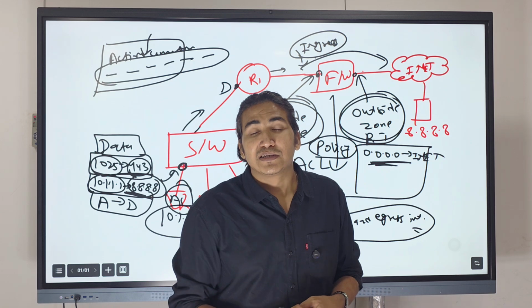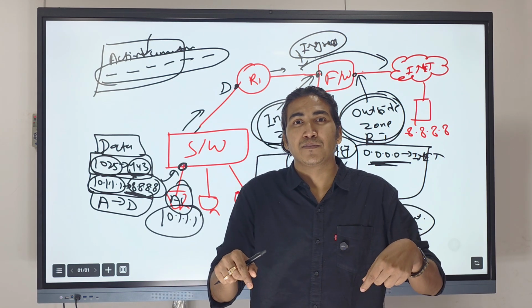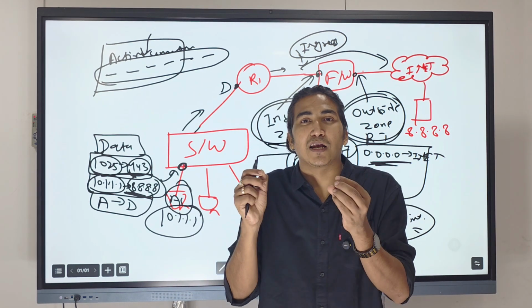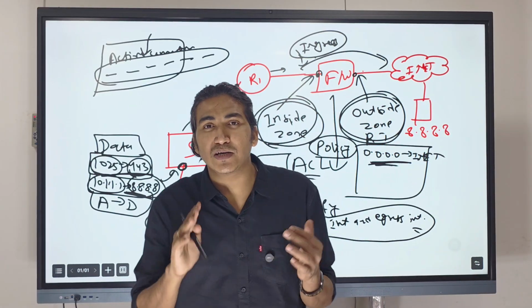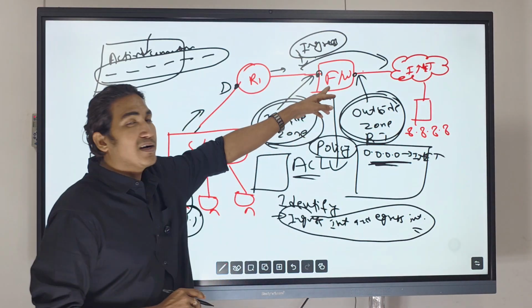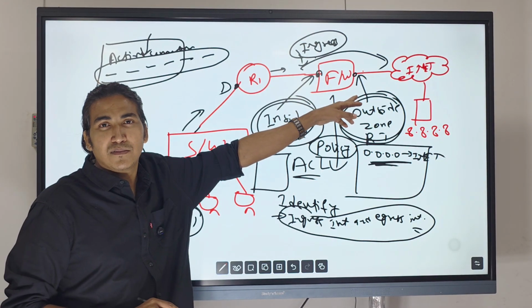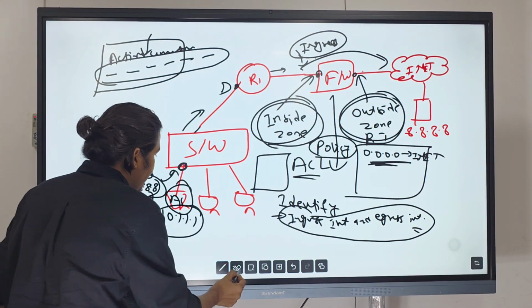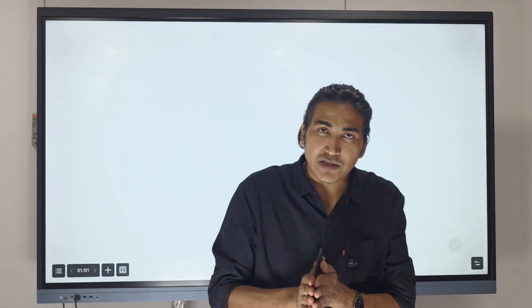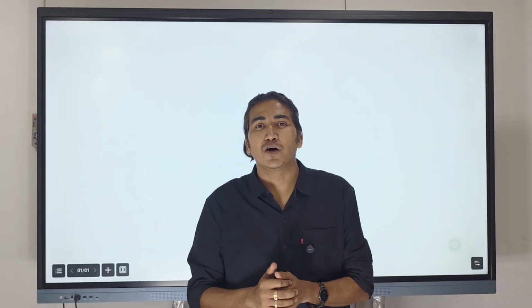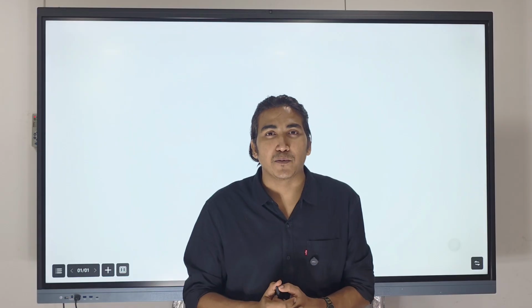After that, check the policy whether this traffic is allowed or not. According to the predefined, configured policy, it will take the decision. Right? So these are the basic packet processing steps between two end devices, our router and our firewall.